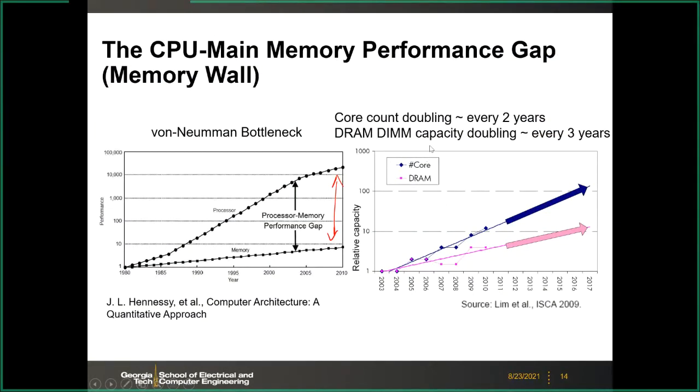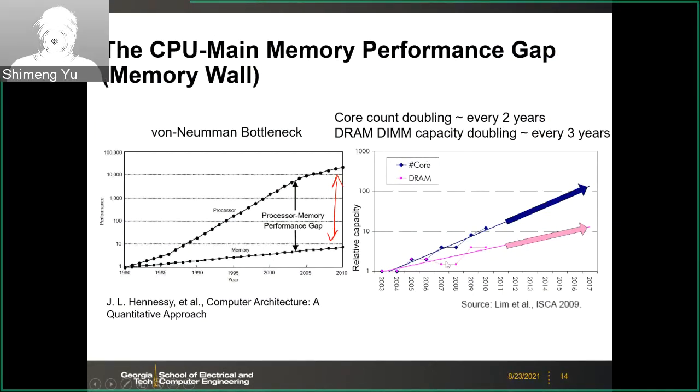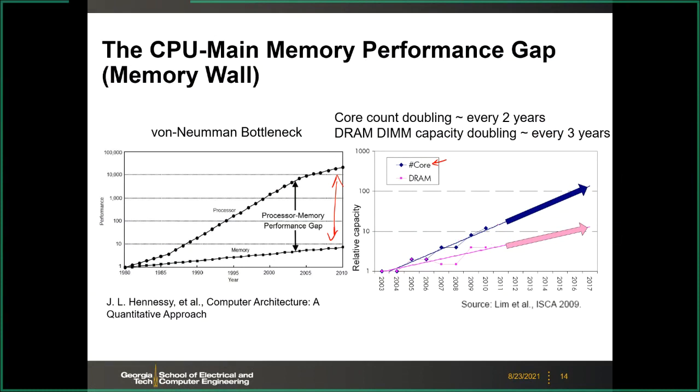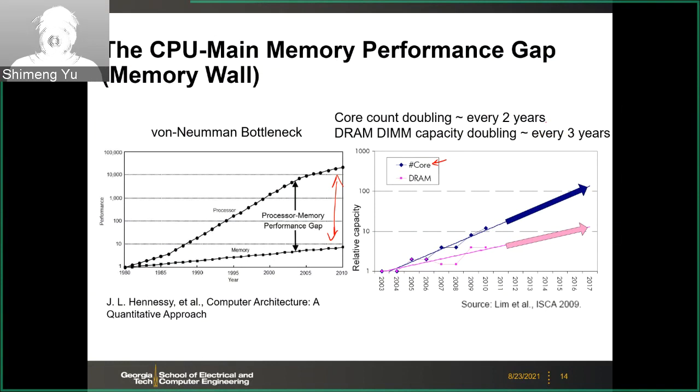So let's take a look at the DRAM. This is a trend of the DRAM in terms of, on the right-hand side, DRAM DIMM capacity in gigabytes. And here, we have the number of CPU cores in today's multi-core systems. The number of cores doubles almost every 2 years, for server platforms.